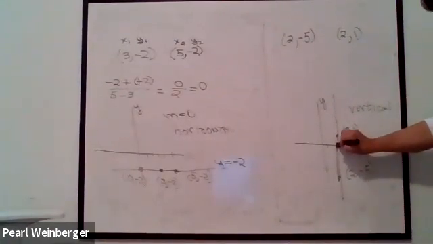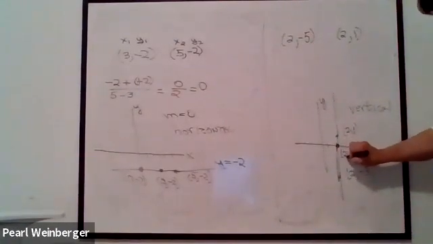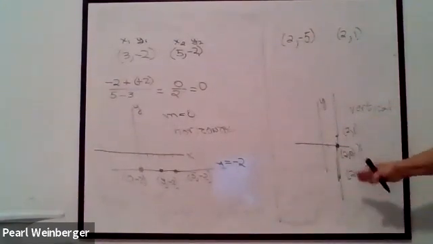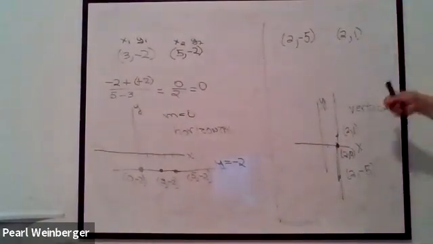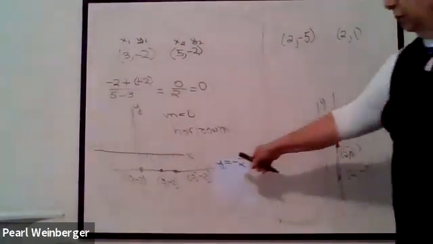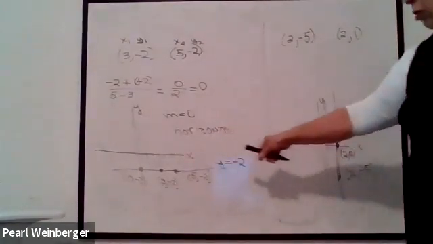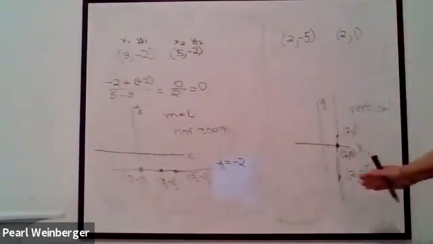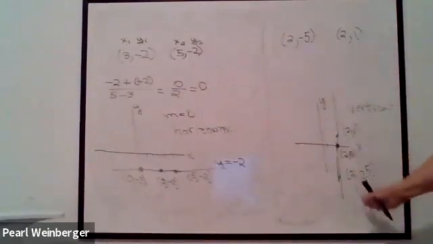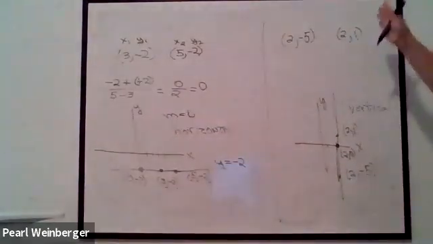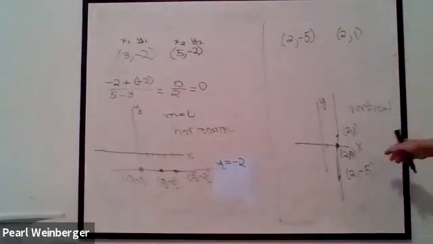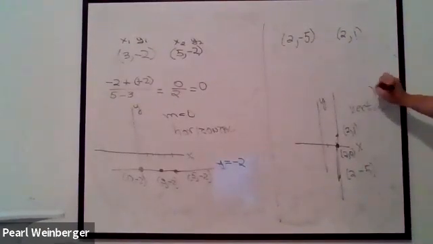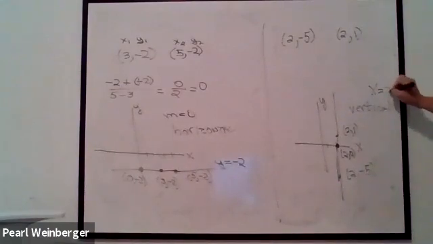Here, where it's crossing the x-axis is (2, 0). Every point on that vertical line has the same x value. Notice over here, we had all of them having the same y value, so it was horizontal. Here, they all have the same x value, so it's vertical. It goes up and down. The equation of this line is x equals 2.